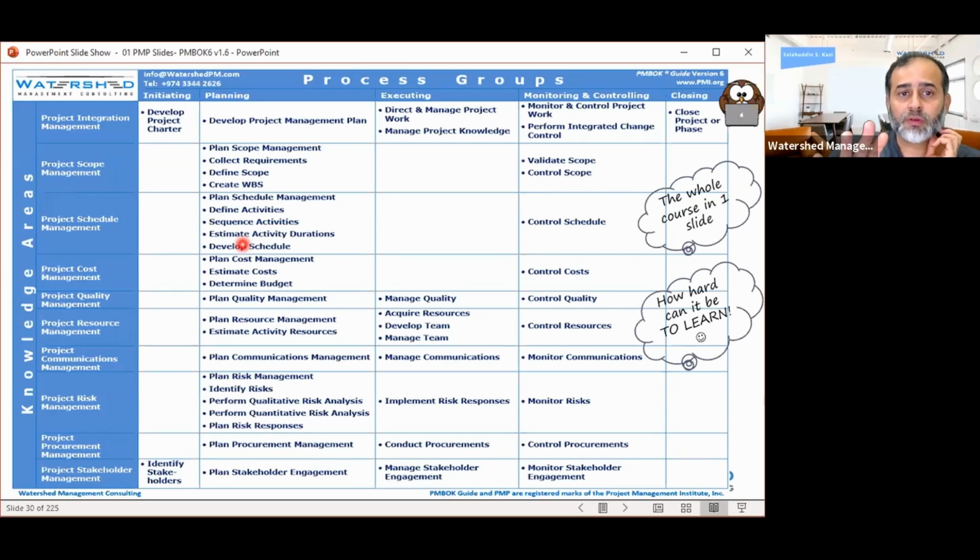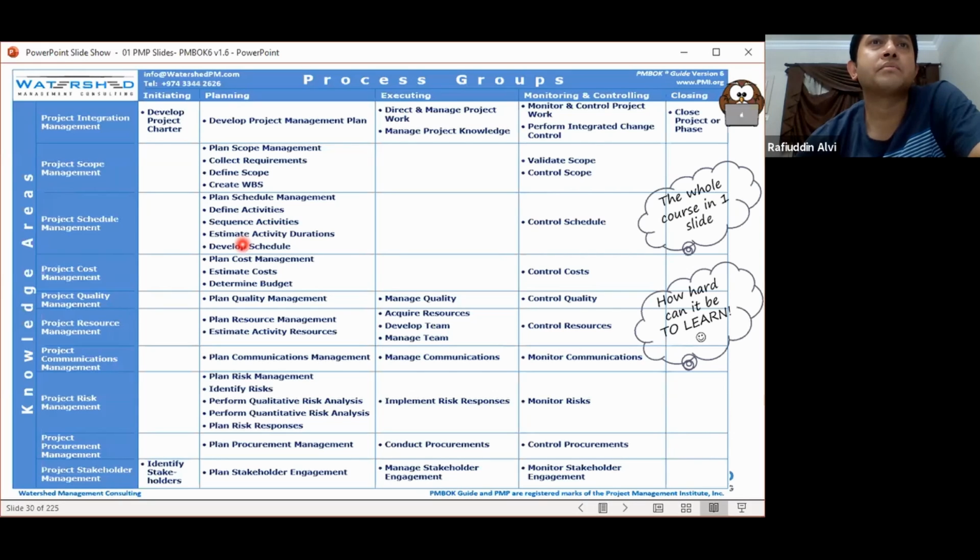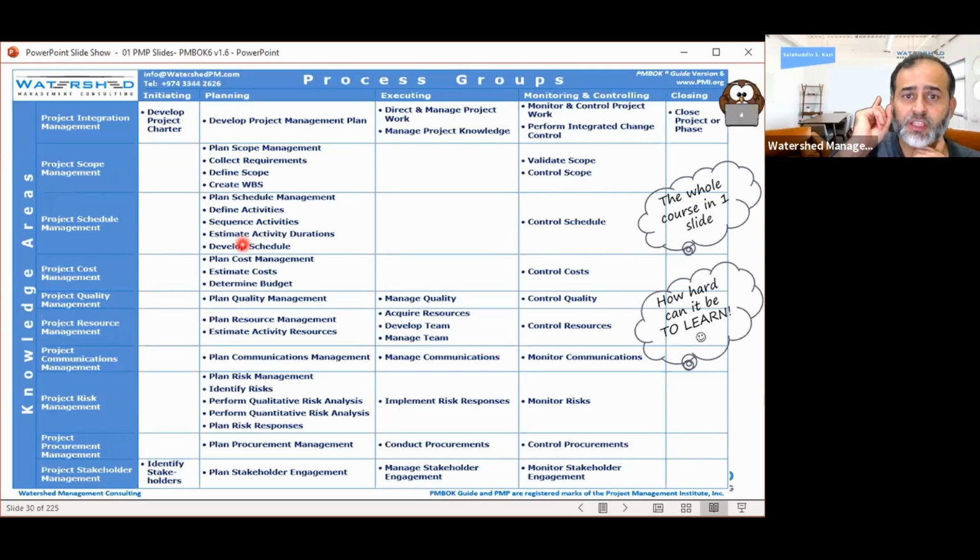Now, what is the pattern? You're establishing a pattern in the project. If you want to do a project, what is the first thing you will do? Which process? Initiate. Develop project charter. That's the first process. What is the second? There is only one option.